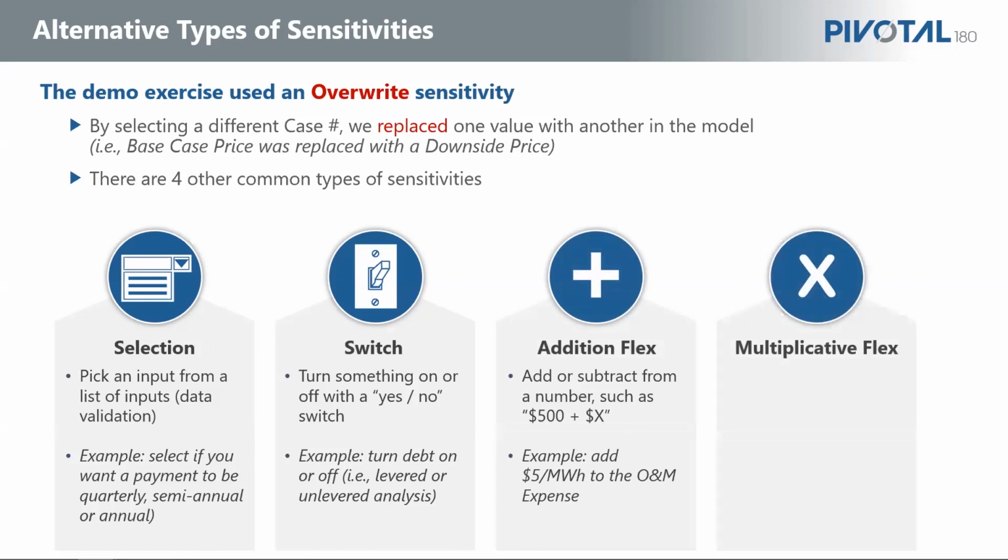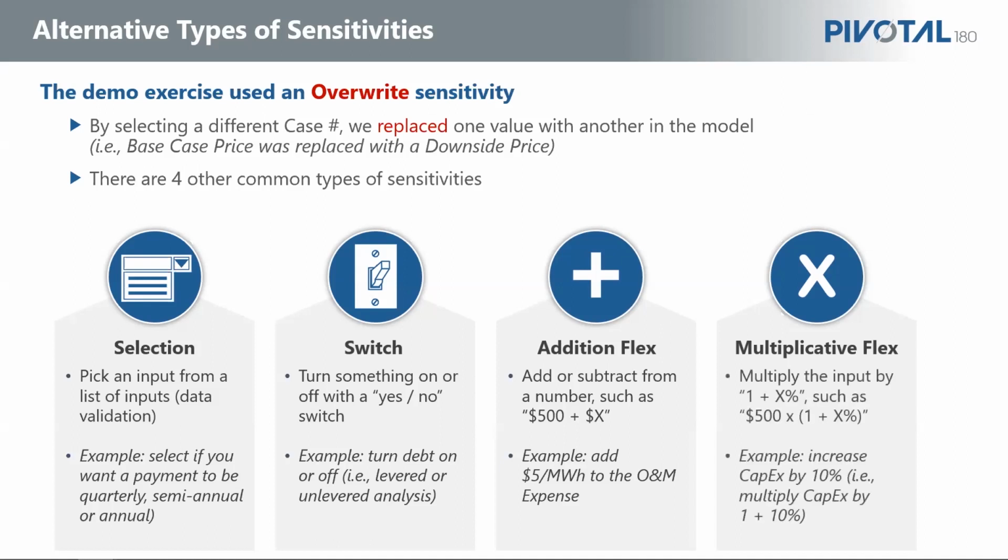Or alternatively, you can do something called a multiplicative flex, which is instead of increasing a number by a certain unit amount, it's increasing it by a percentage amount. So if instead I wished to increase my price by 10% or my CapEx cost by 10%, effectively I am multiplying my base case CapEx price by 1 plus 10%.